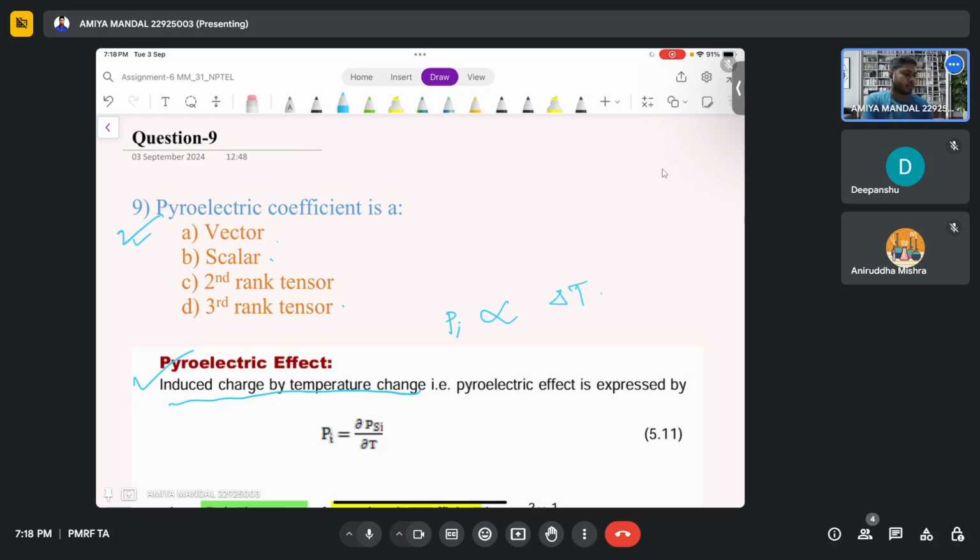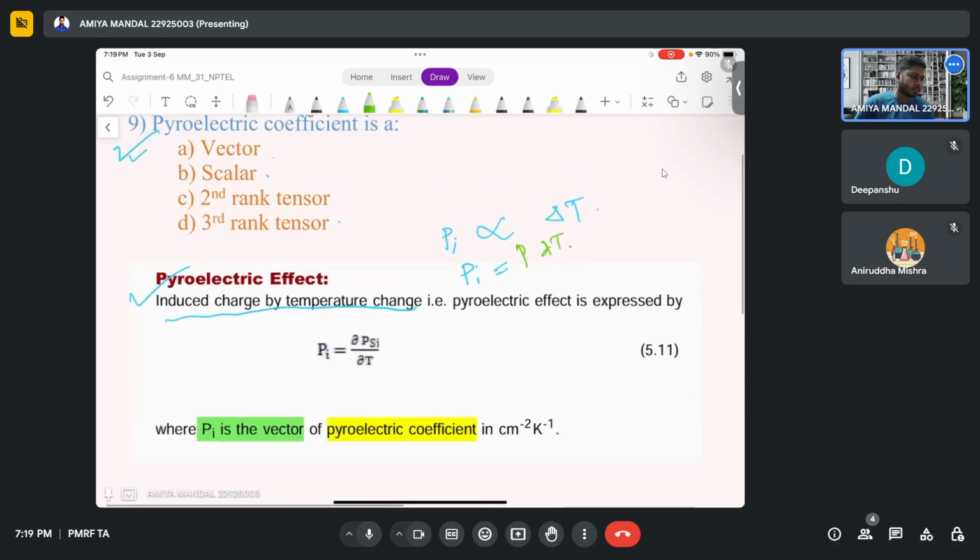So the pyroelectric coefficient equals dP by dT. It's a first rank tensor, a vector, not a scalar.